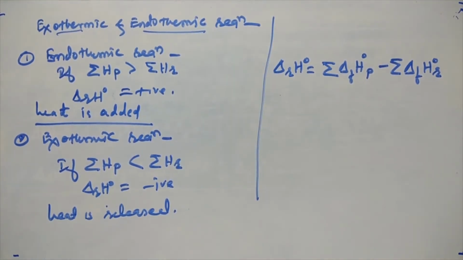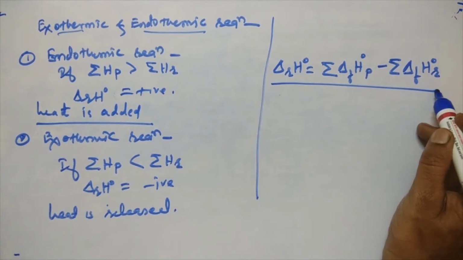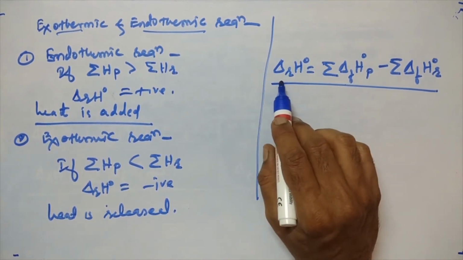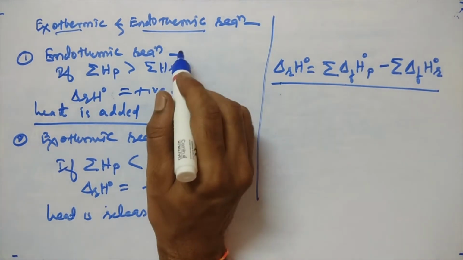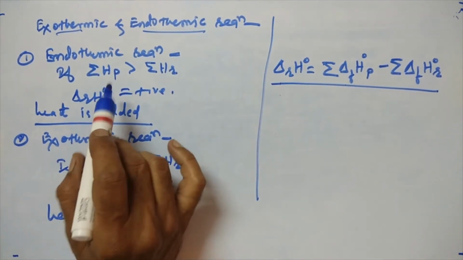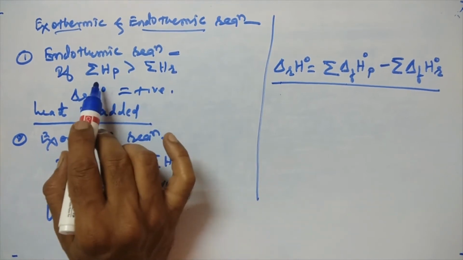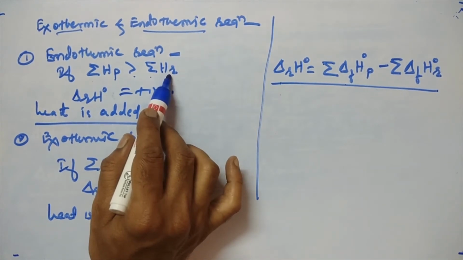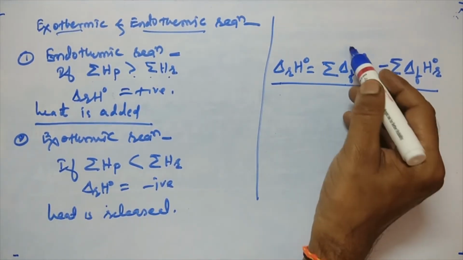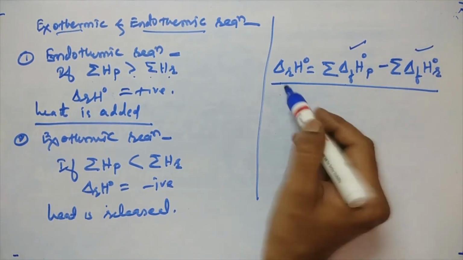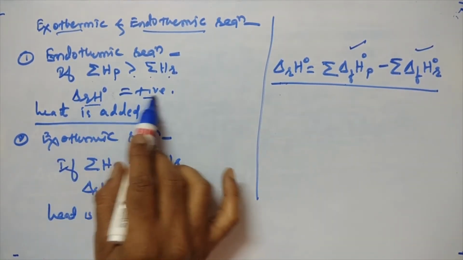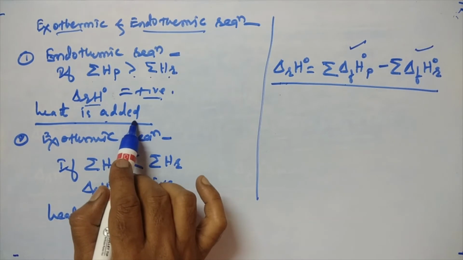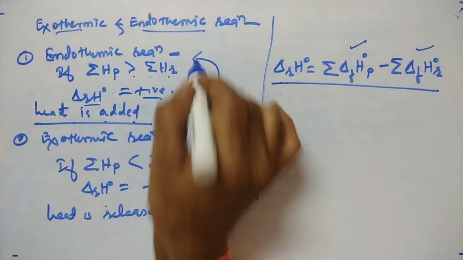In terms of the relation between the standard heat of formation and standard heat of reaction, for an endothermic reaction, if the sum of the enthalpies of the products is greater than the sum of the enthalpies of the reactants, then obviously the enthalpy of the reaction will be positive. It signifies that heat is added to the system, and the reaction ultimately will be endothermic.